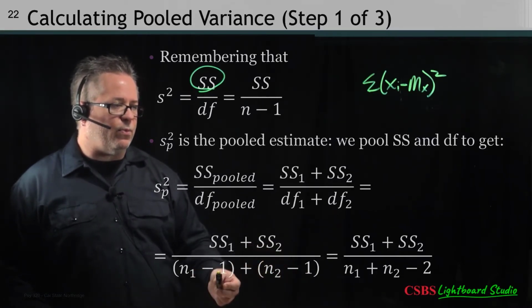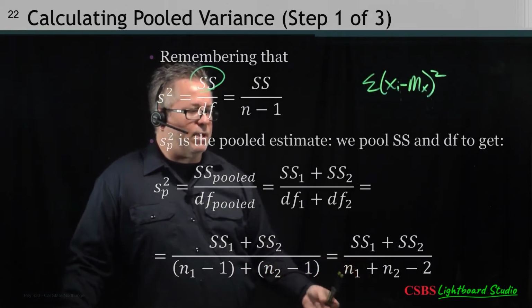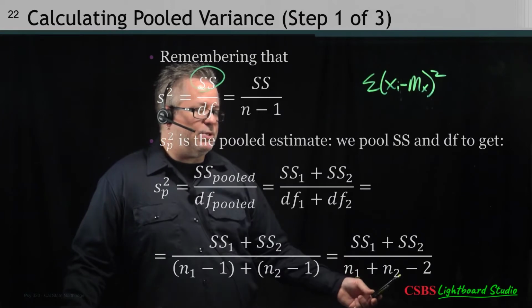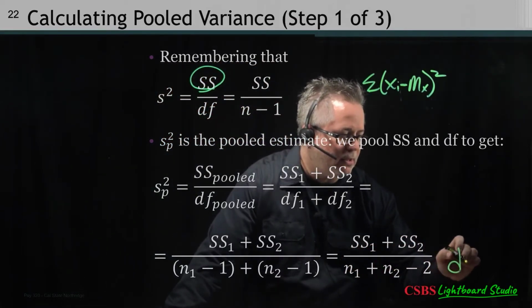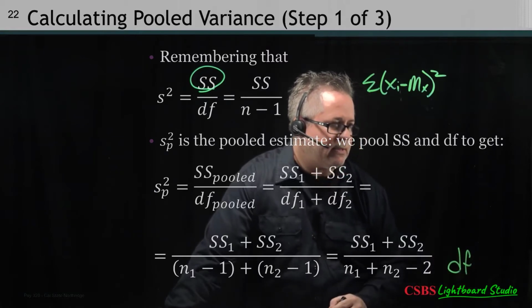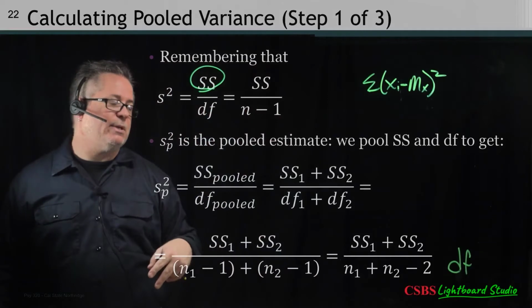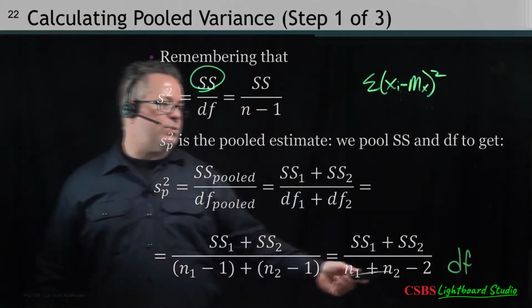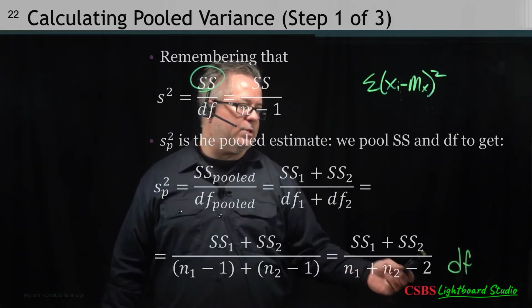Or I can reconfigure it. If this is n1 minus 1 plus n2 minus 1, I'm going to get, rearranged, n1 plus n2 minus 2, and this is the typical degrees of freedom you're going to see for a t-test. We're losing 2 degrees of freedom because we have 2 samples and 2 sample means. So I add our 2 n's together and subtract 2.